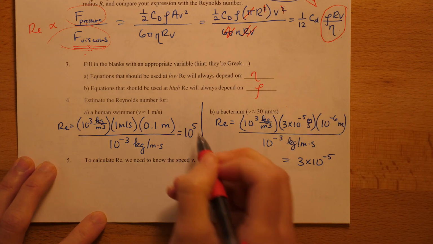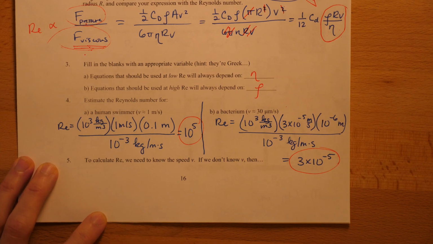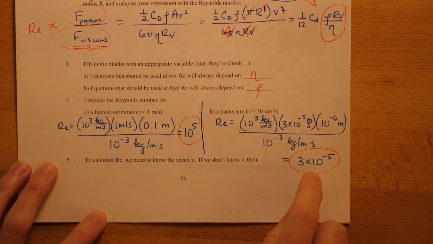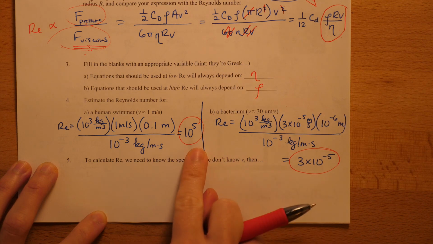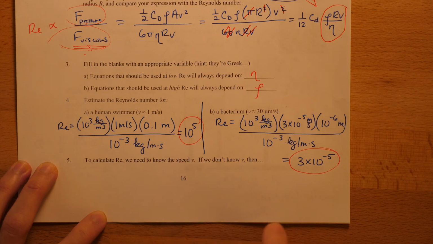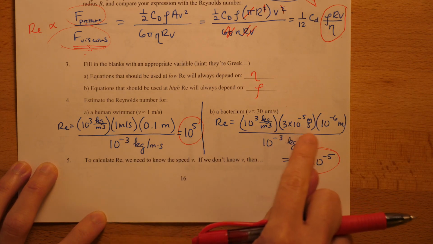So contrast these two. This is a person swimming in water, and this is a bacterium swimming in water. So this one is viscous dominated. This one is pressure drag dominated. So notice that's two things swimming in the same stuff, but this one is a lot smaller and it goes at a much smaller speed.